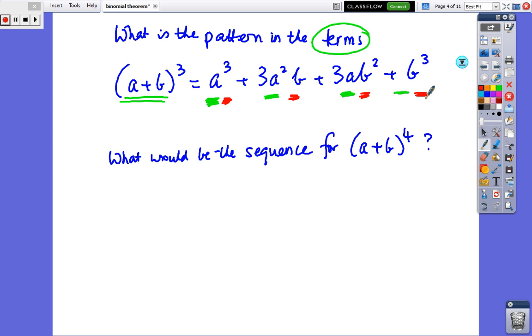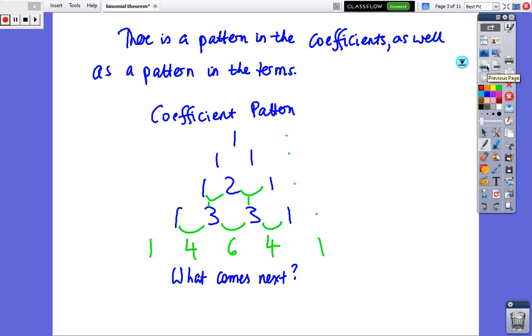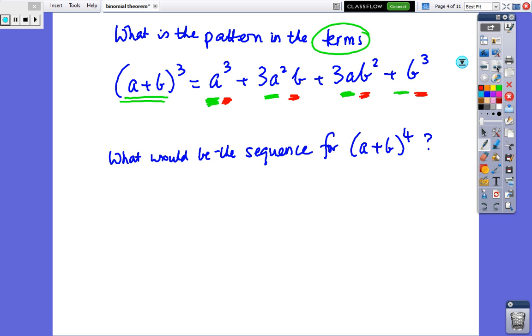So let's look at this line here to get the coefficients. The sequence is 1, 4, 6, 4, 1.